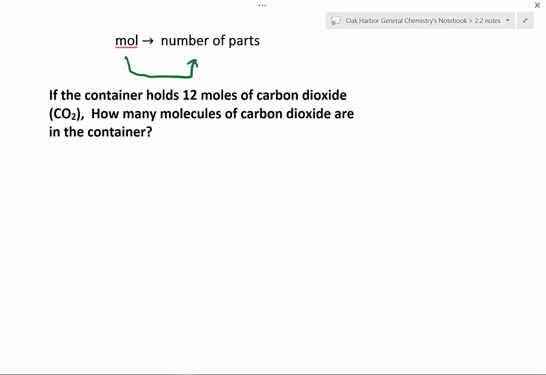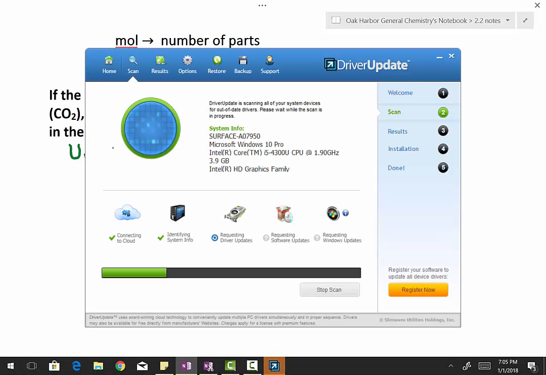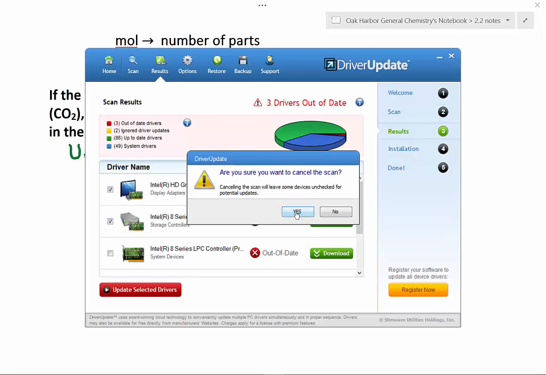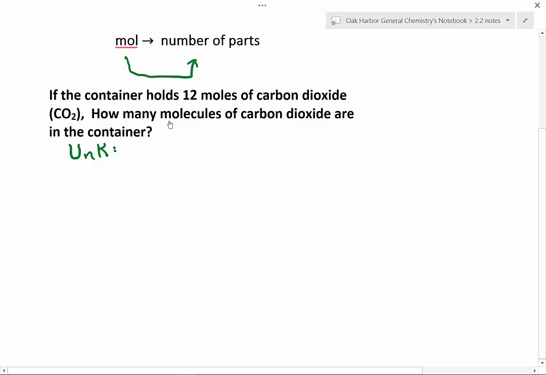in the container? So I'm going to start by listing here what I am looking for at the end of this problem, because that way I'll make sure to come up with this at the end, and that is how many molecules of carbon dioxide.